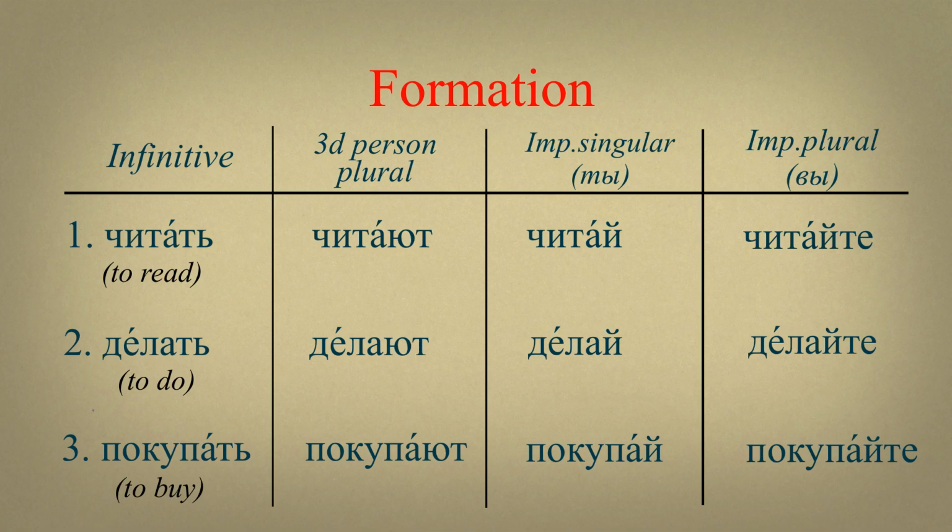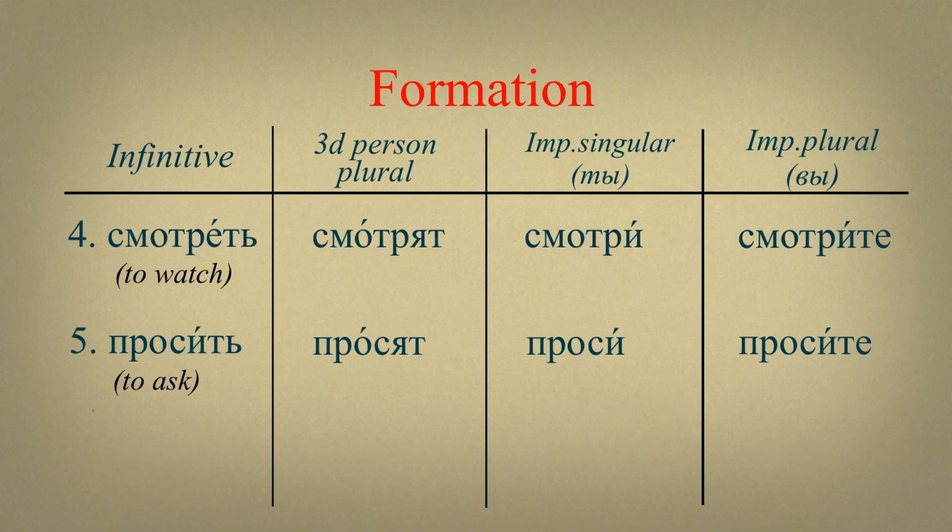In first three examples, the present stem ends in a vowel. In these examples, the vowel is А. Читают, делают, покупают. Ют is an ending. We drop the ending and add й in singular and те in plural. Читайте, делайте, покупайте. Let's see more examples.